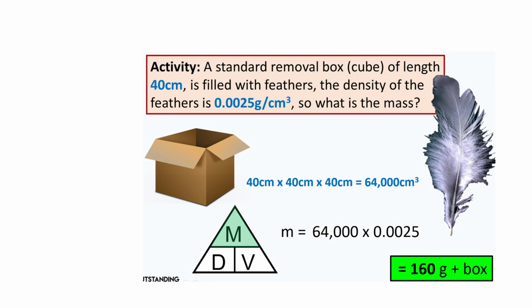You work out the volume by multiplying the length, width, and breadth, which is where that 64,000 centimeters cubed comes from. Now, if we look back at the question, it wants us to work out the mass. If you cover the mass, you then need to do density times volume, and if you do that, you should get 160 grams per box.